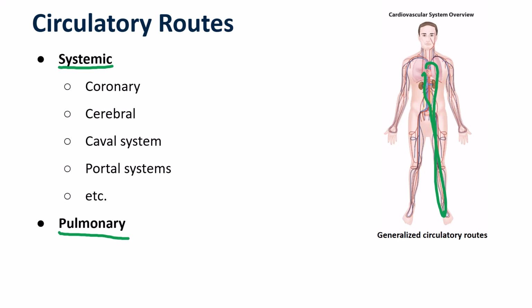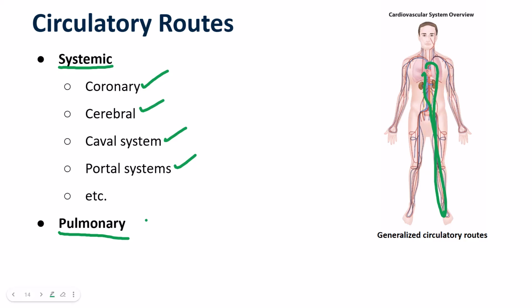Sometimes we give regional portions of the systemic route or loop names, such as coronary circulation for the heart, cerebral circulation for the cerebrum of the brain, the caval system, so all of the tributaries for the superior and inferior vena cavae, individual portal systems, so on and so forth.